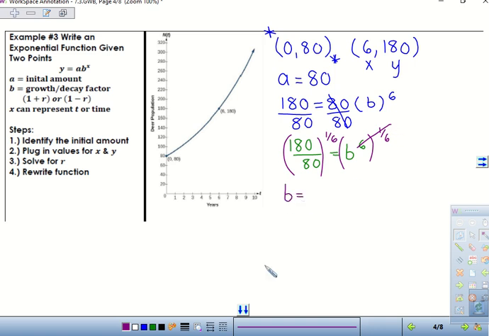So one more time, again, I'll explain the process. You're going to do 180 divided by 80 in the calculator. Once you have that, you're going to hit that little upside down V button all the way to the left, middle. You're going to do parenthesis 1 divided by 6, close the parenthesis, and then hit enter. And you should get 1.14.